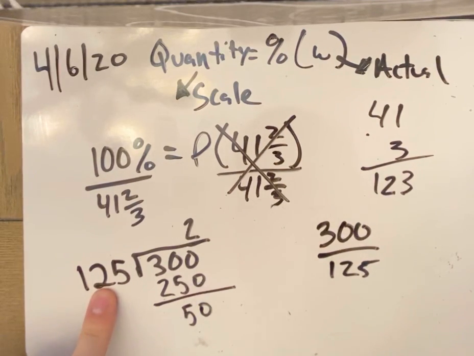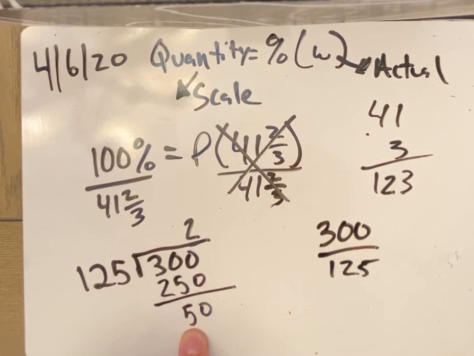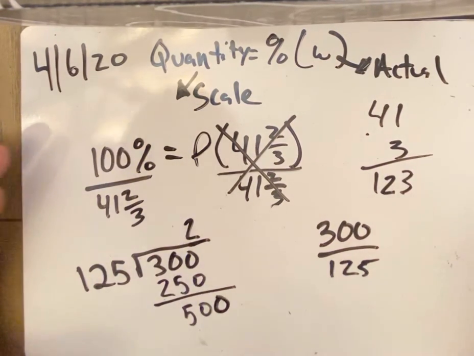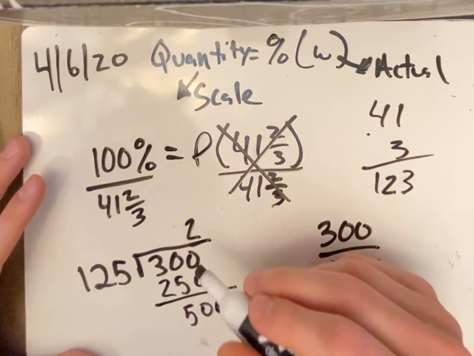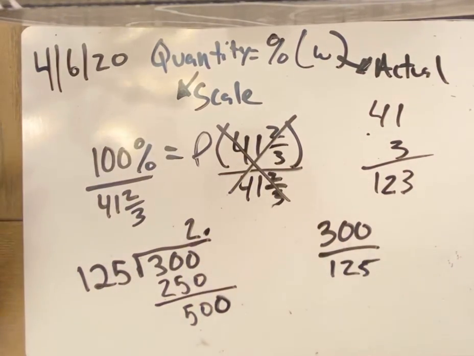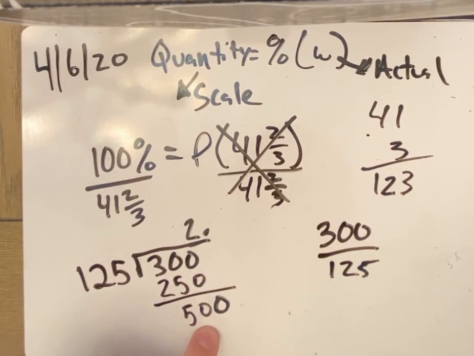Now, 125 does not go into 50, so I'm going to add the 0. When I add the 0 in the bottom, I add the decimal up here. So 125 into 500.